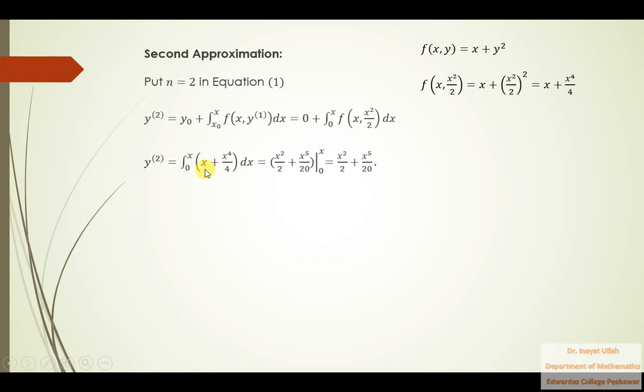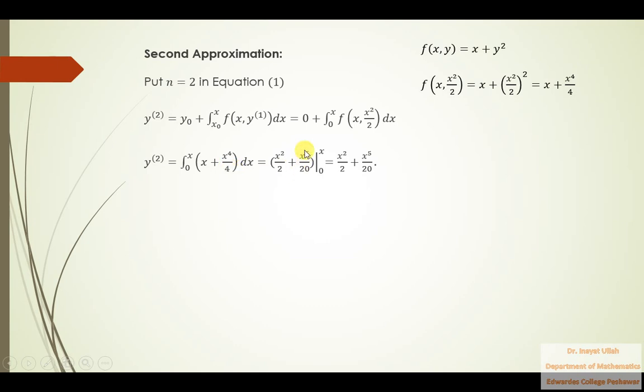Now we just need to integrate this sum. Integral of x is x square by 2, and integral of x4 by 4, integral of x4 is x5, x4 plus 1, x5 divided by 5. So the integral of this portion is x5 divided by 5, but 5 will be multiplied by 4, 5 4s are 20.